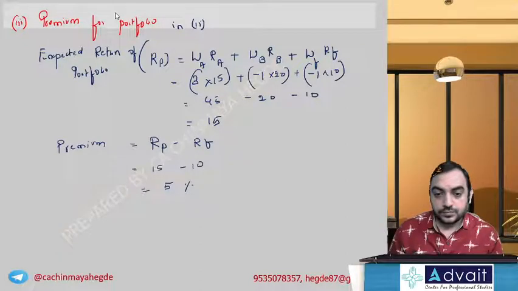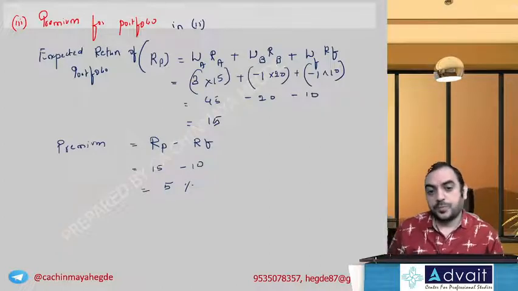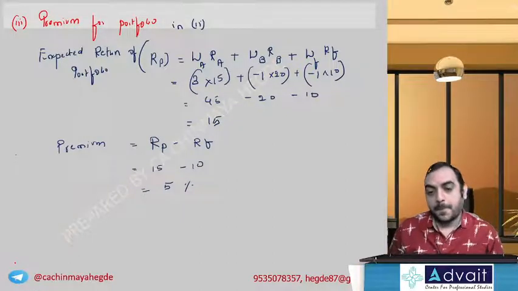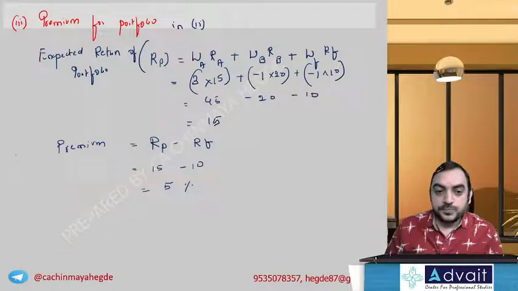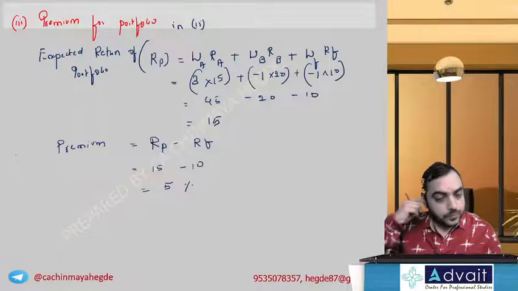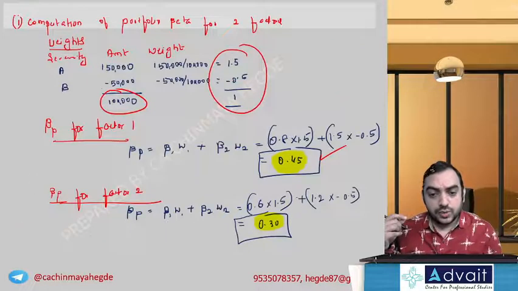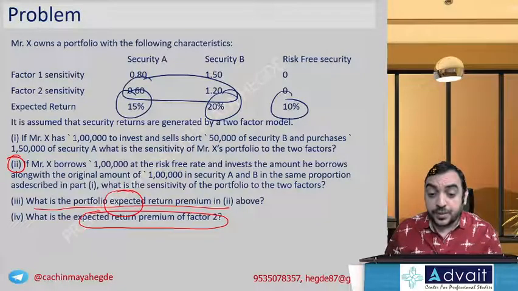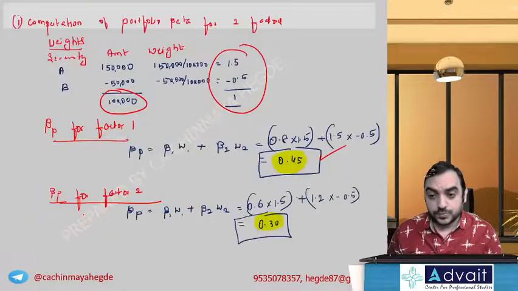Okay, hope it is done. Last part of the question. Okay, so what they're asking in the last part of the question: what is the expected return premium for factor 2?